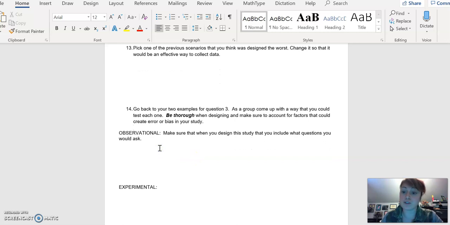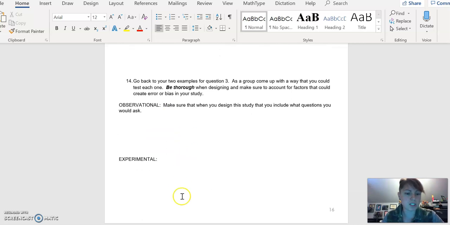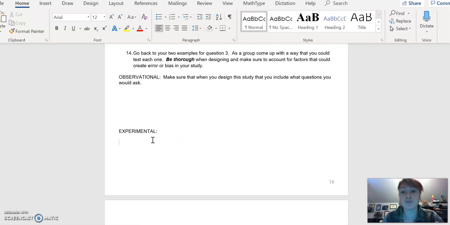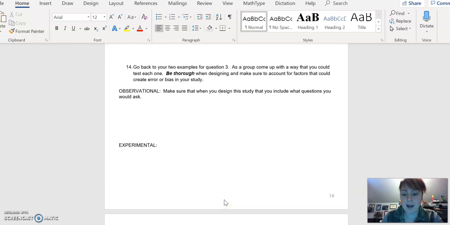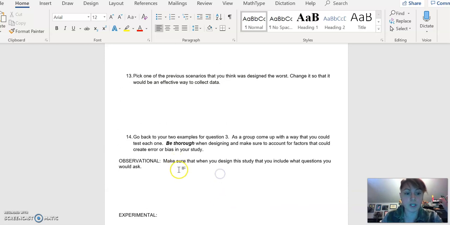So for your observational example you came up with, which again could be the one that you're studying for your project anyway, how are you going to study it? Come up with some possible questions. Then look back to what you said for your experimental one and write out how you would study your experimental one. Okay, and that'll be through 16. So that's what you're working on now.